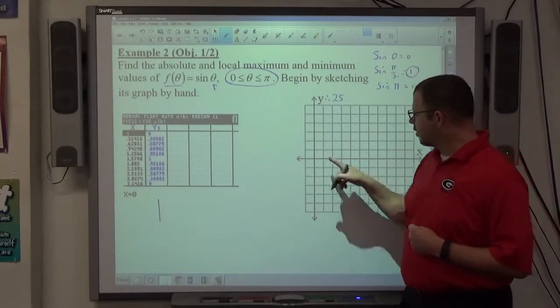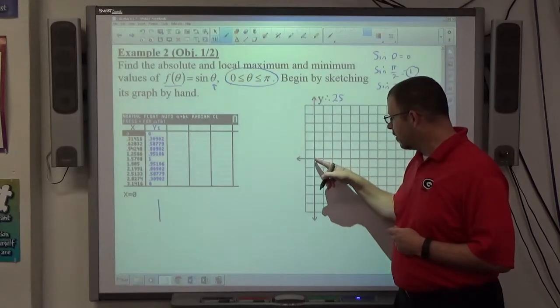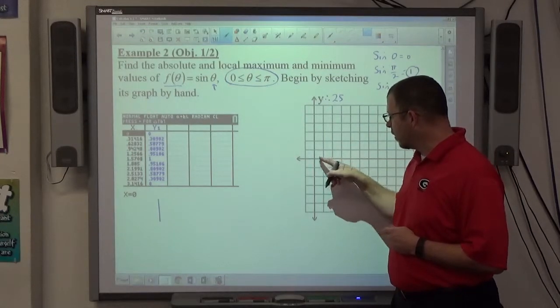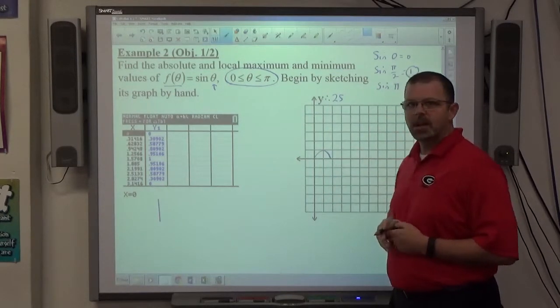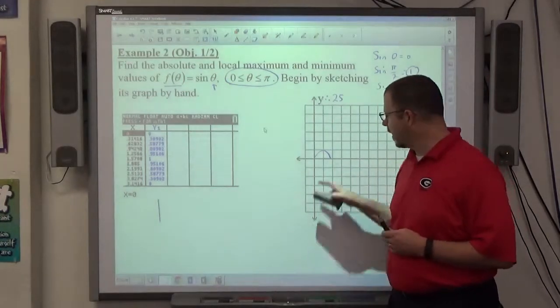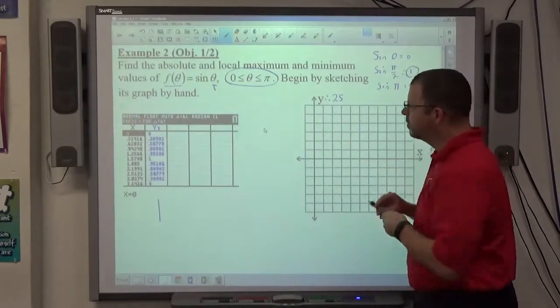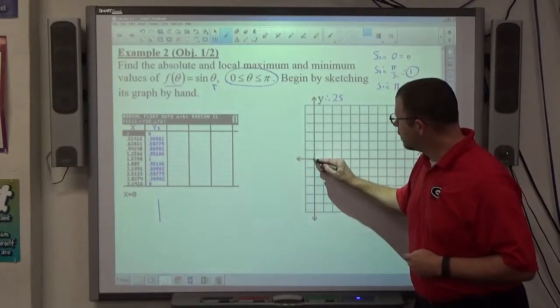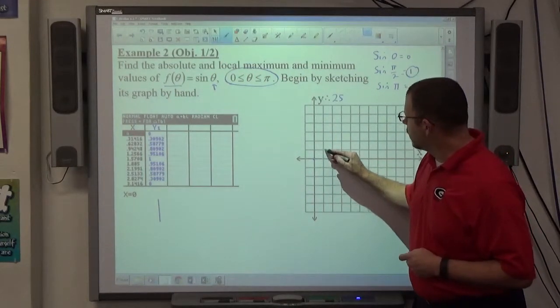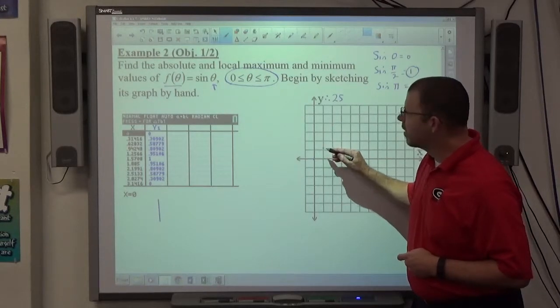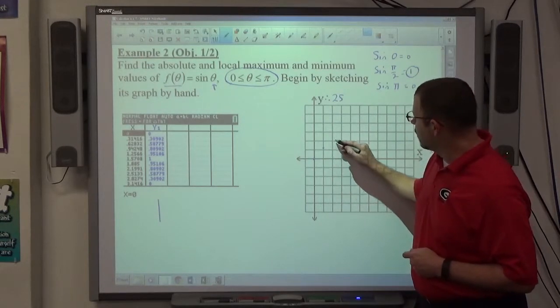Alright, so again, if I just made it, let's say, a pi over 2 scale, 0, pi over 2, pi, and a 1 scale, it just looked like this. That's not very detailed, alright? So by making the scale smaller, I'm going to get more points and kind of blow it up and zoom in. So 0, 0, pi over 10 is 0.31, which is a little bit over 0.25. Then we get 0.59, which is a little bit over 0.5.